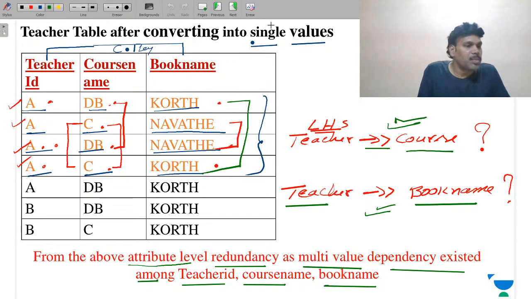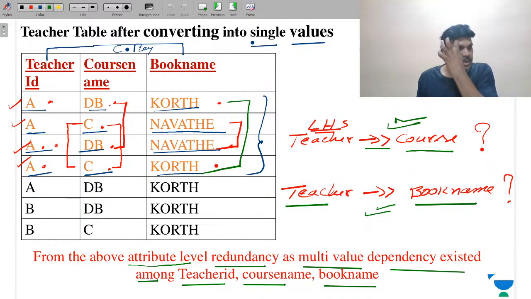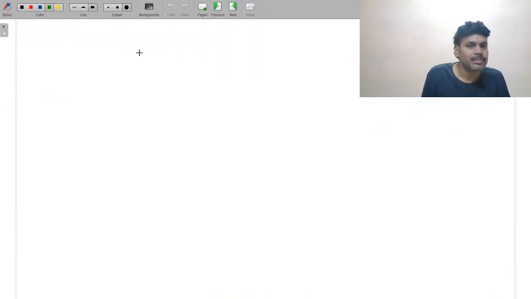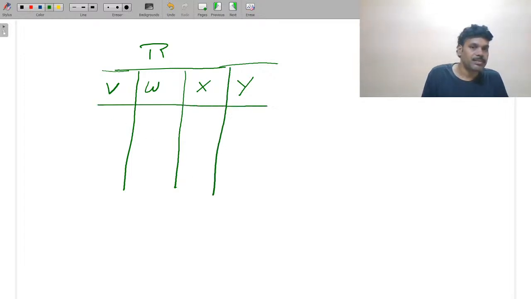Now listen, one more example I want to provide so that you will understand what is the meaning of Z there. Let me give: there is R with V, W, X, Y. Please look, friends, all of you.